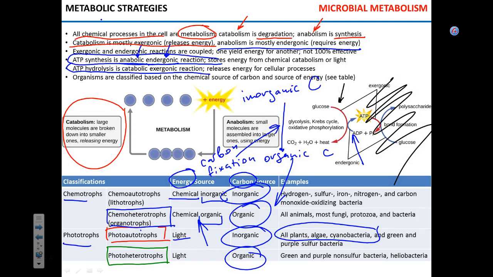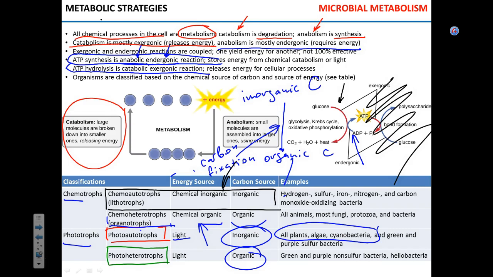In my opinion, one of the most fascinating types of microorganisms are chemoautotrophs. They use an inorganic source of energy, and they use an inorganic source of carbon.